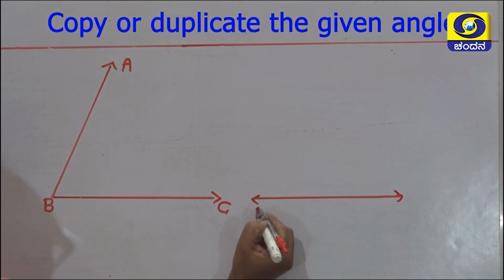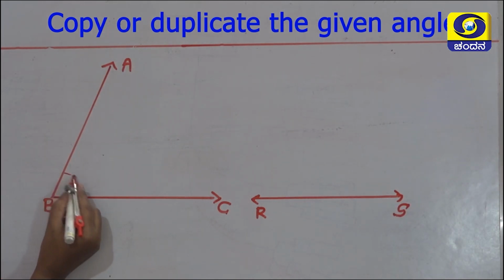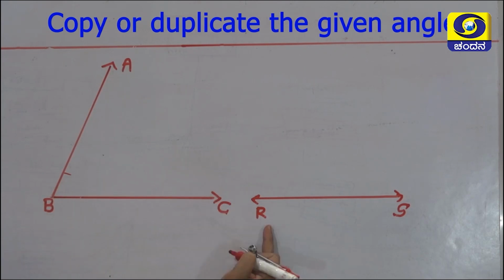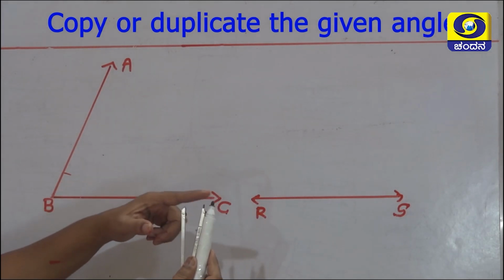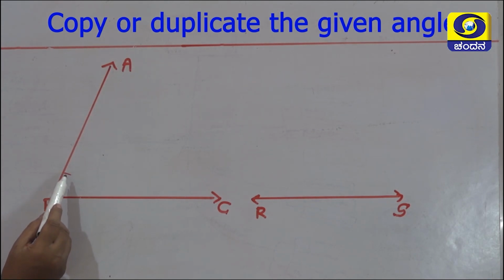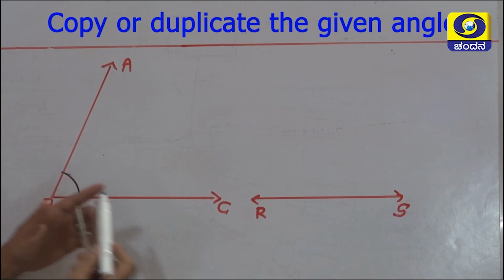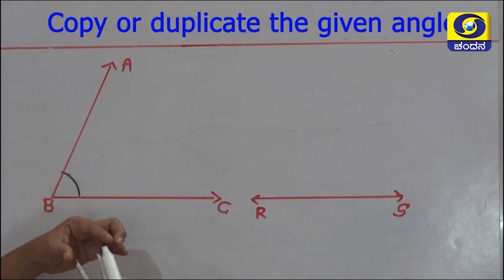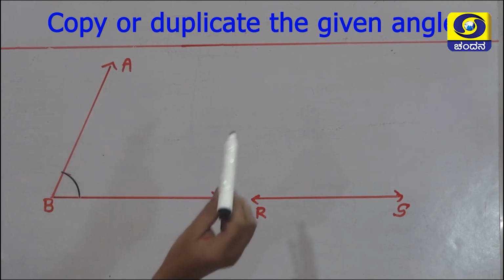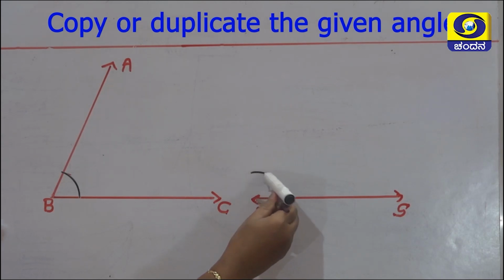Let us name it as R. Now we have to copy this angle at B to point R. To do that, take a compass, take a convenient length between the needle and the pencil, and make an arc keeping the needle of the compass at point B, like this. This distance will give us the length of the angle here. Now keep the compass needle at point R and make the same arc here.